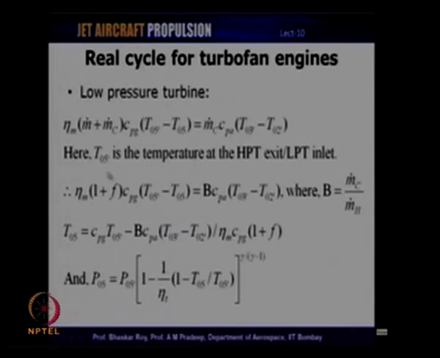If we simplify this, we can calculate the turbine exit stagnation temperature T05, which is equal to what is shown here: Cpg into T05 prime minus B, which is the bypass ratio, m dot C by m dot H, into Cpa into T03 prime minus T02 prime, divided by mechanical efficiency into Cpg into 1 plus F. Similarly, find the low pressure turbine exit stagnation pressure as well.